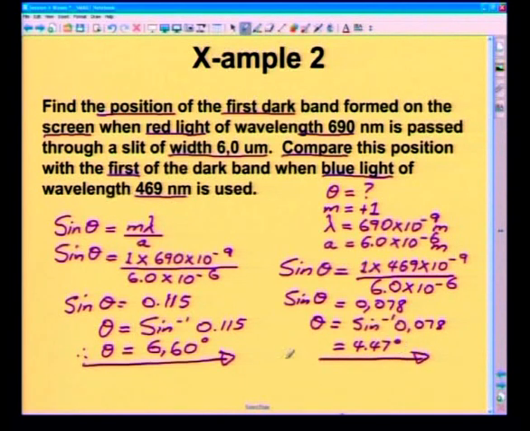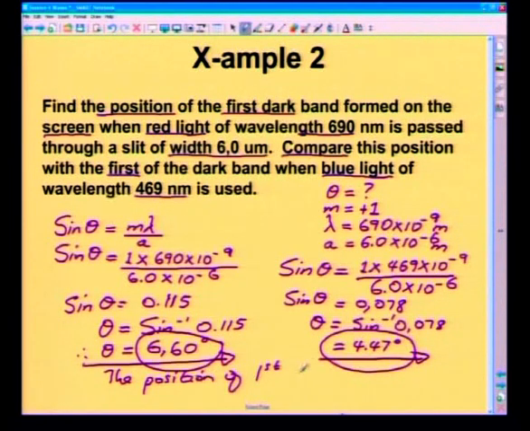Now, the question was that we need to compare this to that. The position of the first dark band is higher for red light compared to blue light.